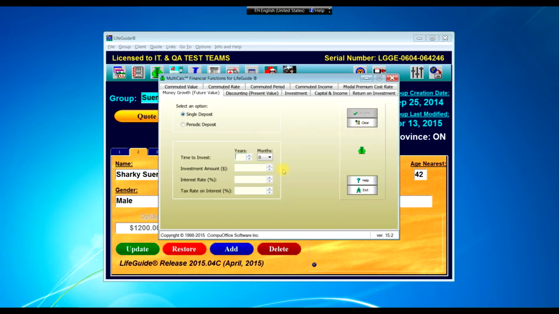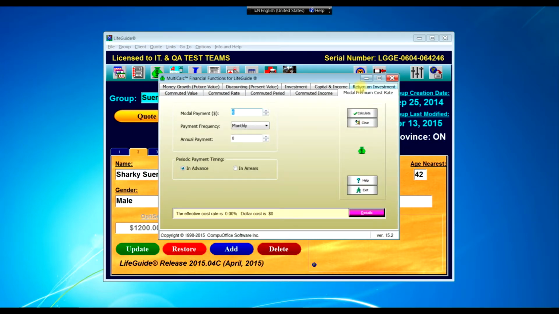And no, I don't want to load the data that was previously saved. There are various calculations that are available under the MultiCalc, and one of these is the Modal premium cost rate.